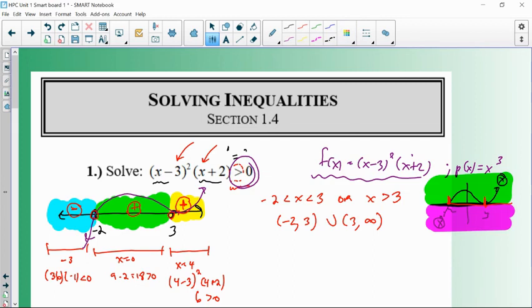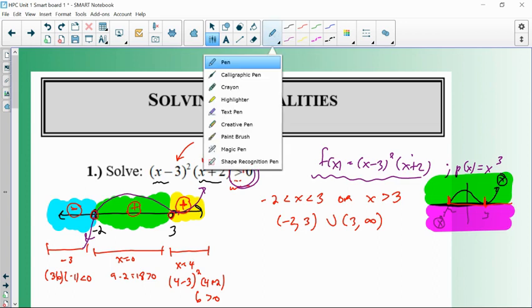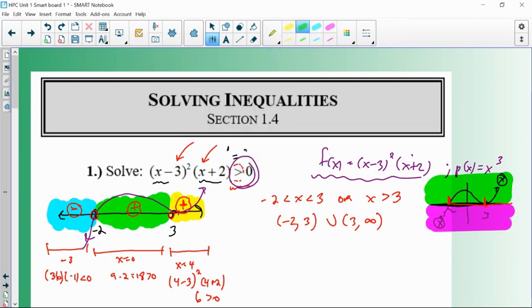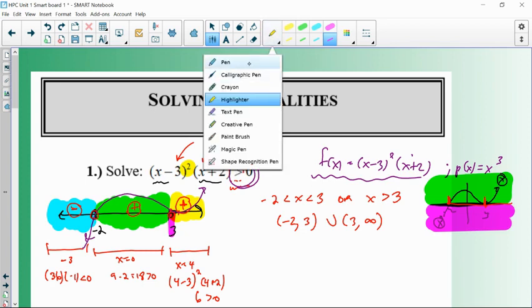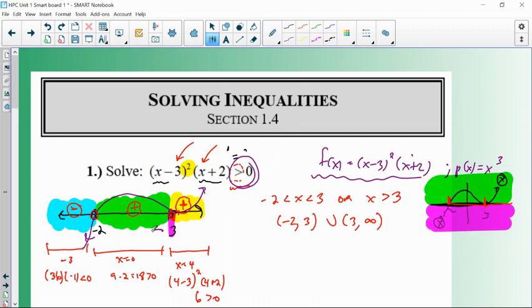And then my last piece that I want to show is that using multiplicity is super useful. If you know that the multiplicity of one of your zeros is even, like at 3, then on both sides of that zero the behavior has to be the same, because it's a bounce.